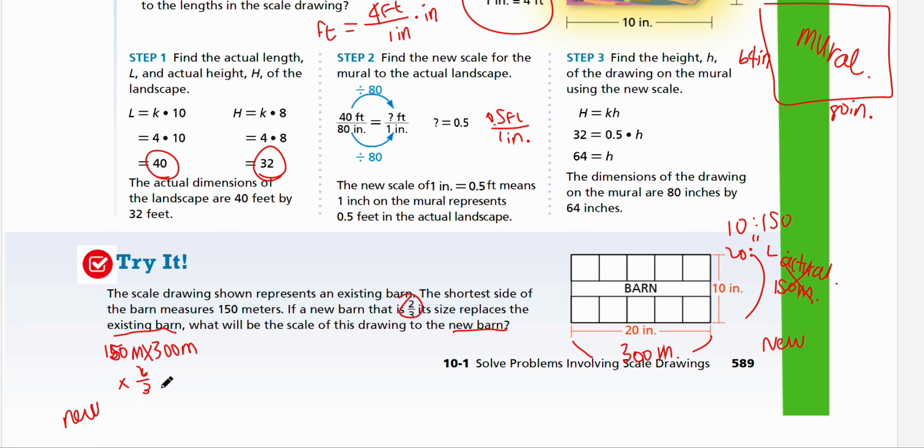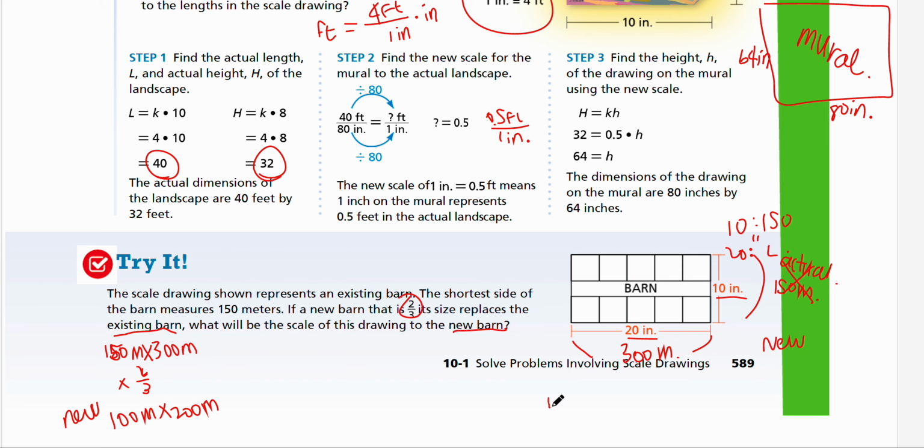So 150 divided by 3 times 2 will be 100 meters, and 300 divided by 3 times 2 is 200 meters, right? So this is the new barn, and now we have to find the scale factor for the model to the new barn.